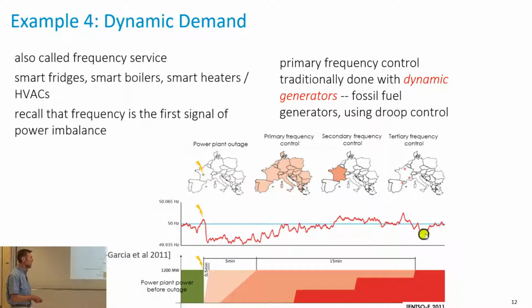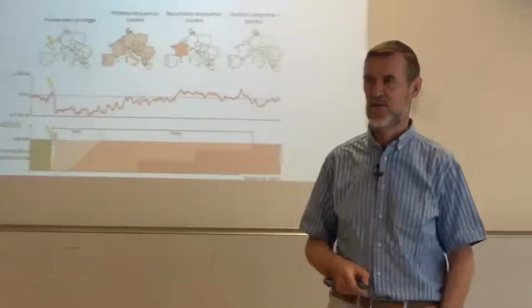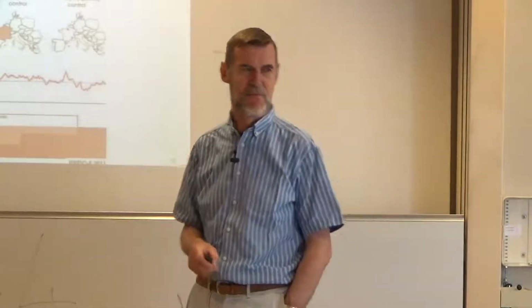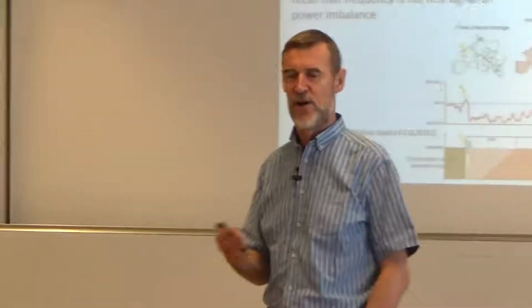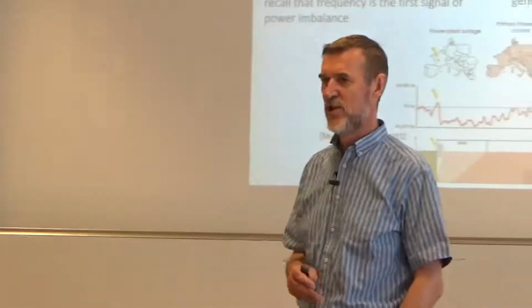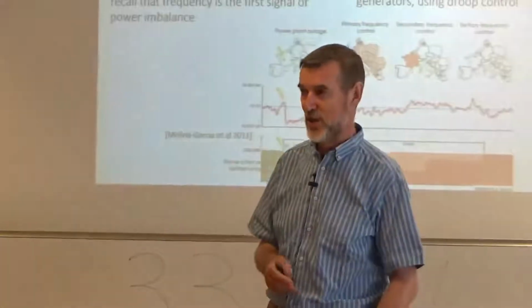But it does vary all the time. When the frequency is lower than 50 hertz, what does it mean? Yes, load is larger than generation, so there is a generation deficit.